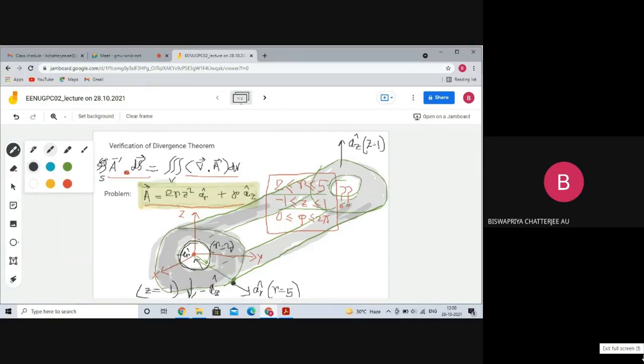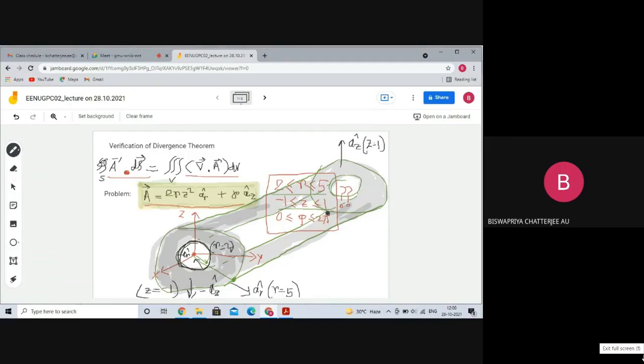So this direction has to be a_rho. On the other hand, the surface drawn in black, by the same logic, is acting along minus a_rho, because in the positive direction it cannot move.